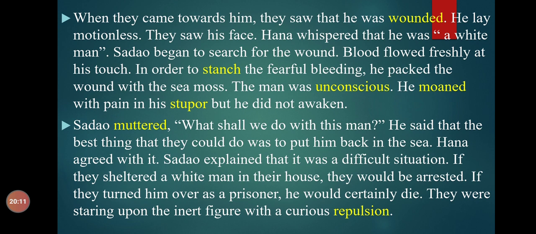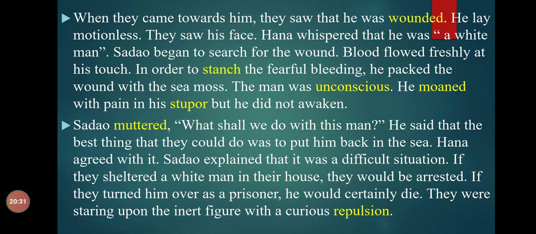Moaned means cried with pain. Stupor means a state in which you are unable to think. Then the sixth difficult word is muttered. Its meaning is say something in low voice. Then comes at last repulsion, which means a feeling of very strong dislike.